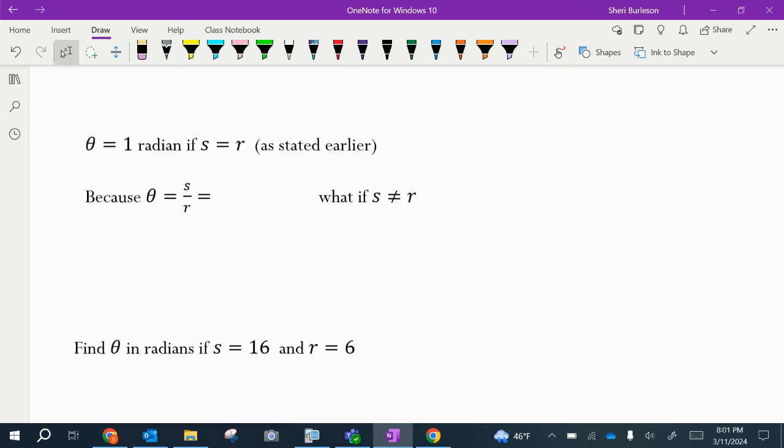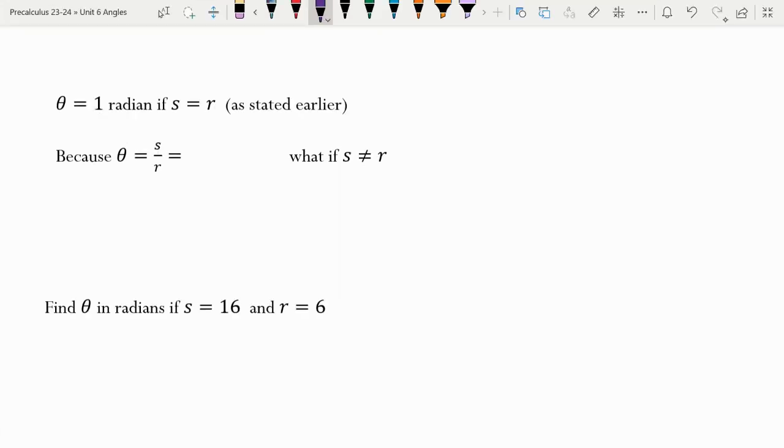And if I look at that, my angle is equal to the arc length divided by the radius. So if the arc length equals the radius, I get 1 radian. 1 radian is the measure of that angle.